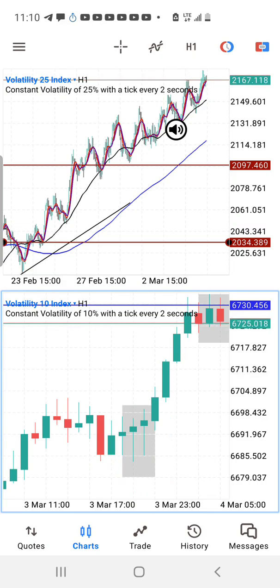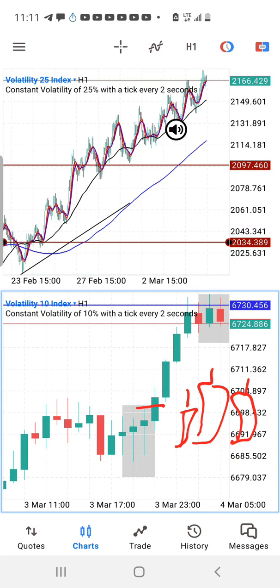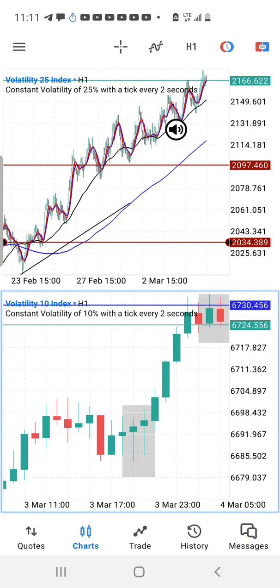When you see a head and shoulder, for the second shoulder, we look at the low in the case of a head and shoulder that is about to come downwards, or the high in the case of a head and shoulder that is about to go upwards. So in this case, we're talking about the high.